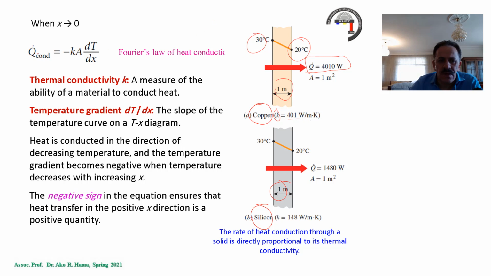So Q conduction equals K, 401 watts per meter Kelvin, times the area, if I take the surface area as 1, times delta T, which is 10 degrees, divided by delta X, which is 1 meter.